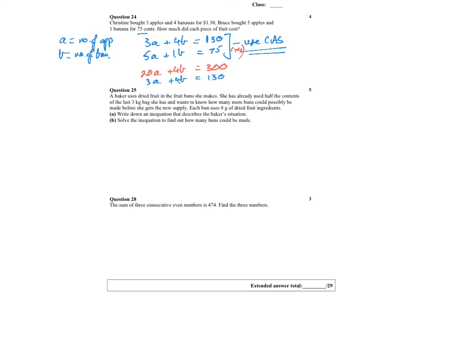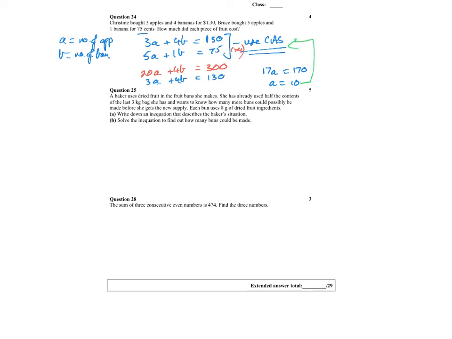So let's subtract them. 20A minus 3A is 17A. 4B minus 4B is 0. 300 minus 130 is 170. Therefore, A is equal to 10. So if I've got that, I can substitute that into any of these equations.